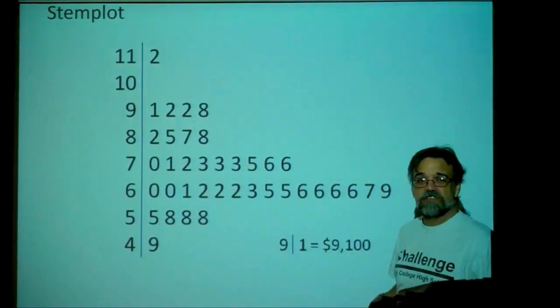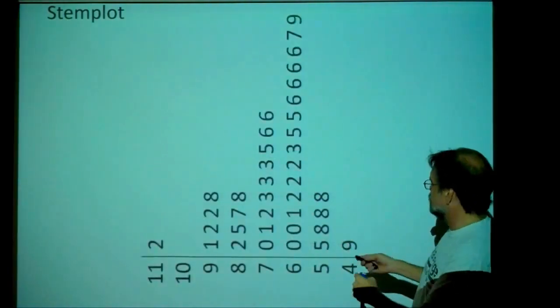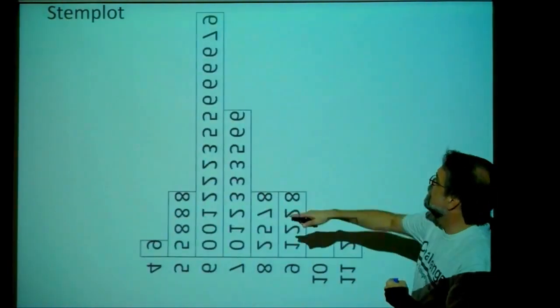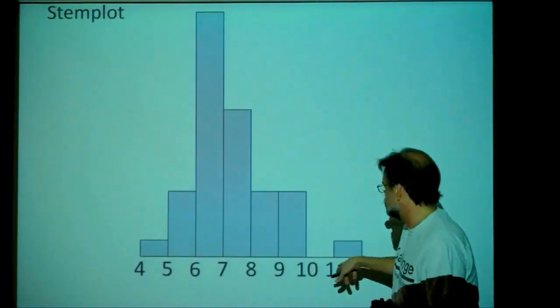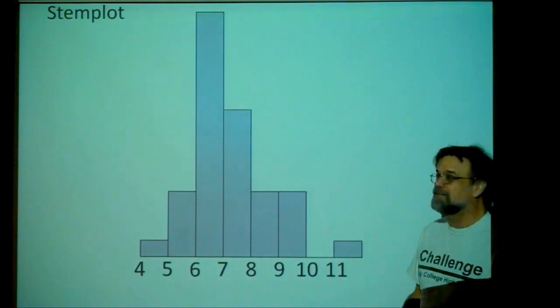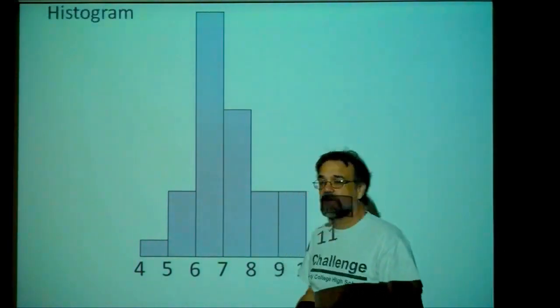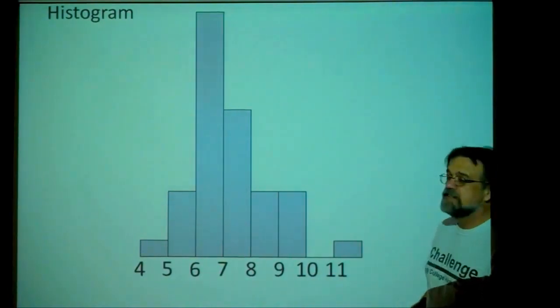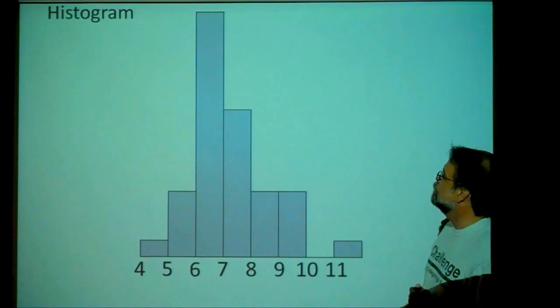So if you wanted to turn this into a histogram, I guess you'd turn it around that way, and then you'd flip it around, and then you'd draw rectangles around there, and then you'd fill in those rectangles and fix your x-axis, and now you got yourself a histogram. Oh, and then you wouldn't want to call it a stem plot anymore. You'd want to call it a histogram. And now you're all done, right? So stem plots basically give you the shape just like a histogram would.